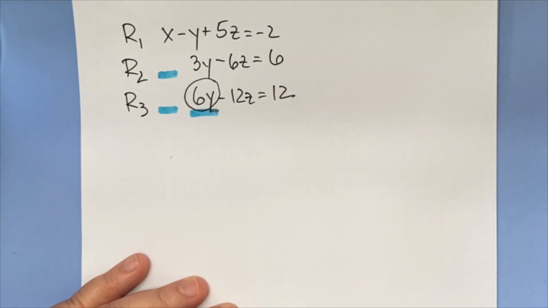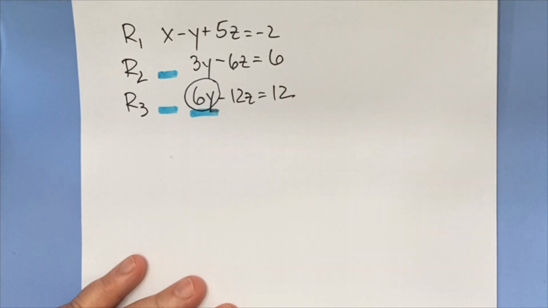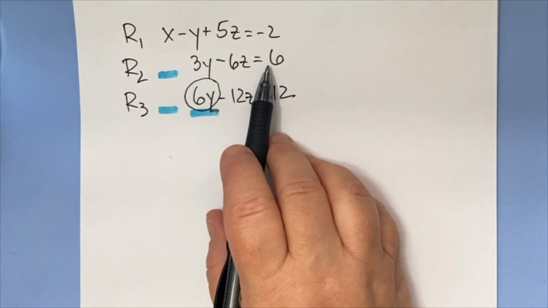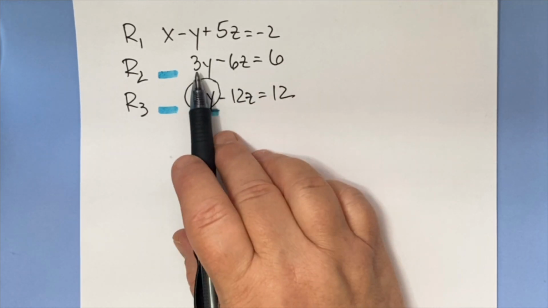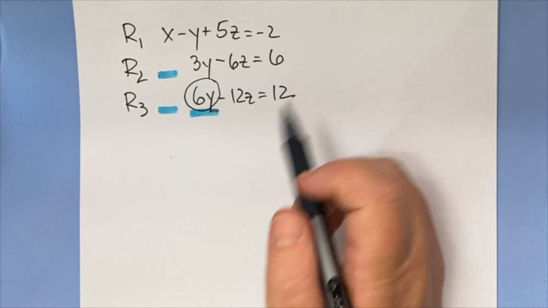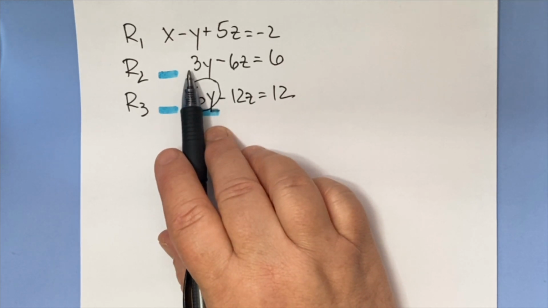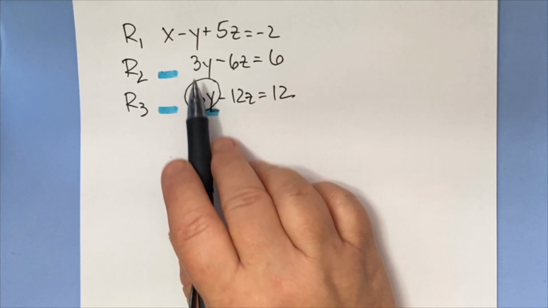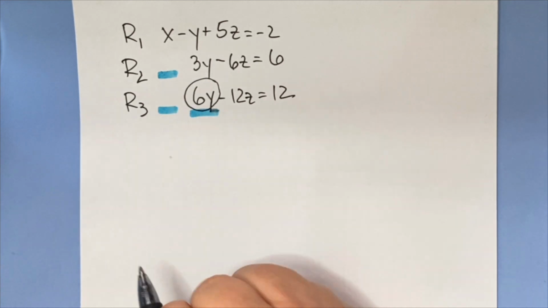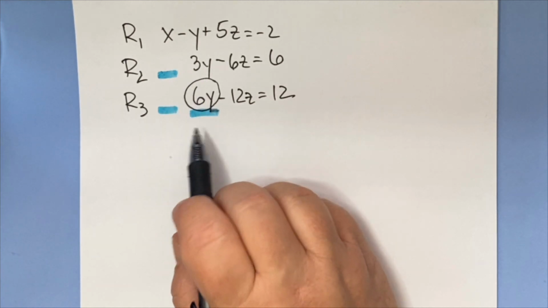It's been working hard. I'm going to look to row 2. And there are a couple of options here. I could take row 2 and divide everybody by 3, right? Because that would be nice and clean and get it down to y minus 2z plus 2. That would be a great thing to do. Or I can use it as is and go ahead and say, well, I could take row 3 and subtract 2 of row 2, because 6y minus 2 times 3y would be 6y minus 6y.